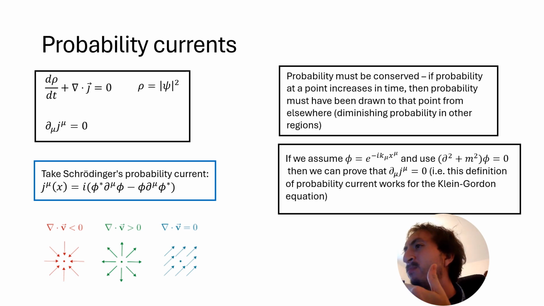And so, if you're prepared to accept that a solution to the Klein Gordon equation would be a plane wave, and to treat that as a fairly general solution, then Schrodinger's definition for four-current is directly compatible with both the four-current being conserved and our field obeying the Klein Gordon equation. So we haven't just taken Schrodinger's equation and extended it blindly beyond the realms where it should work.